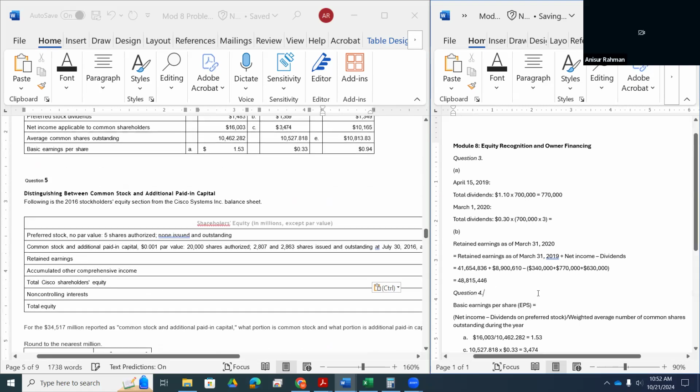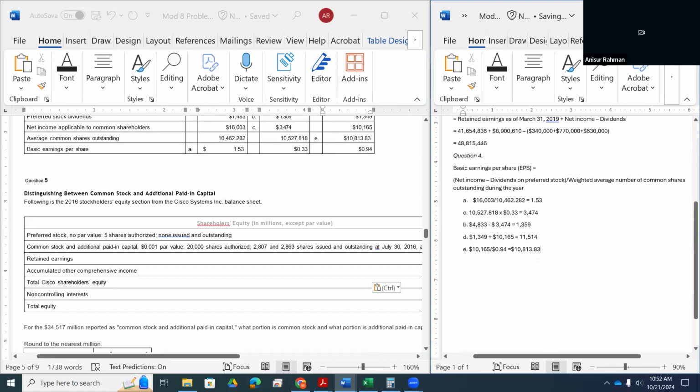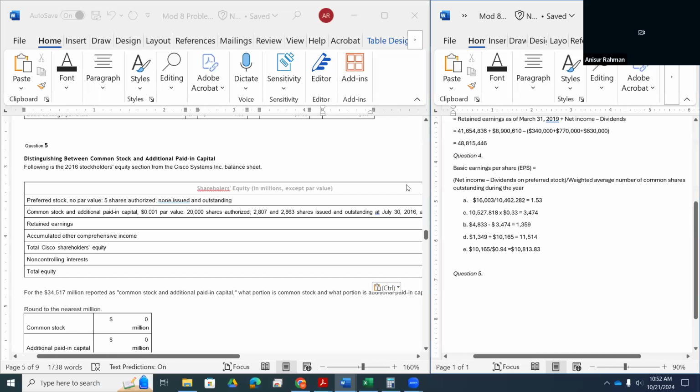So in question 5, distinguishing between common stock and additional paid-in capital. So we have some information about shareholders' equity in millions except par value.